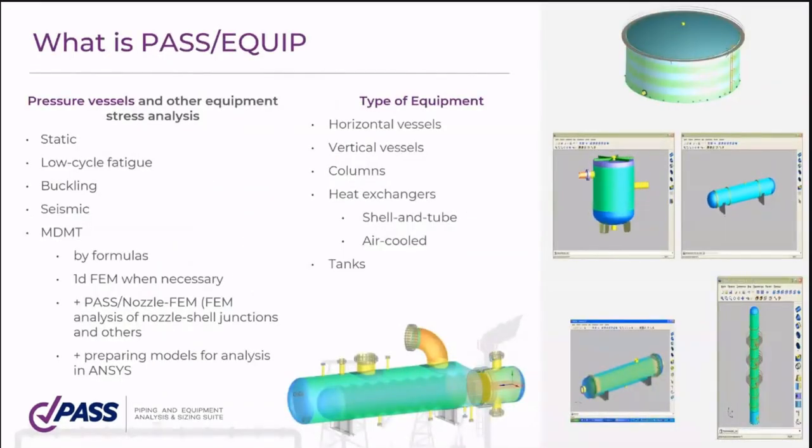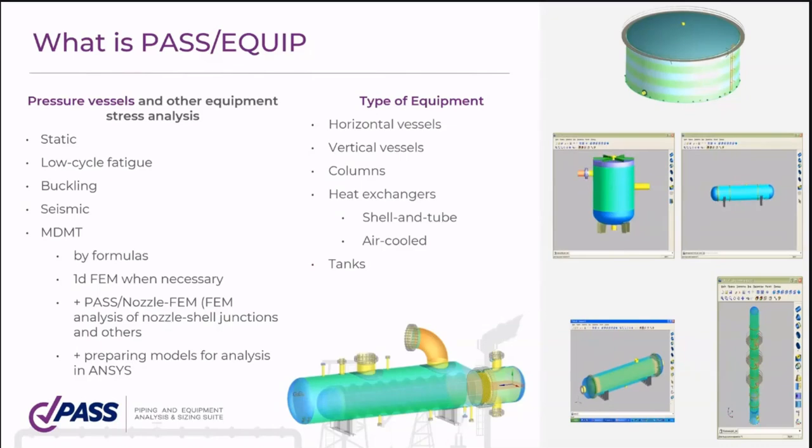And now let's talk about the software that is the focus of our webinar. It's PassEquip. What is PassEquip? PassEquip is the software for analysis of pressure vessels and other types of equipment. What kind of analysis?